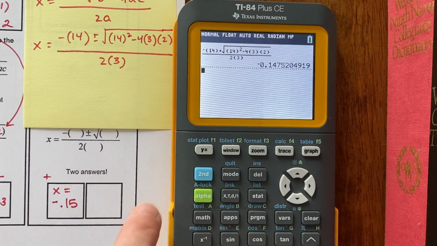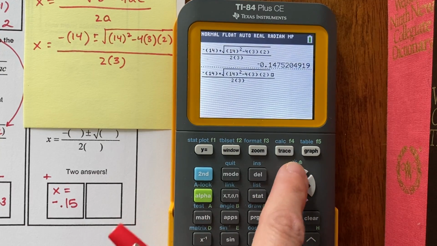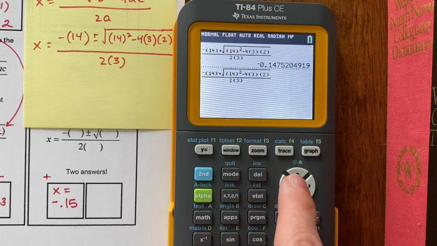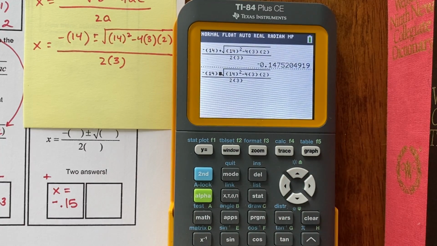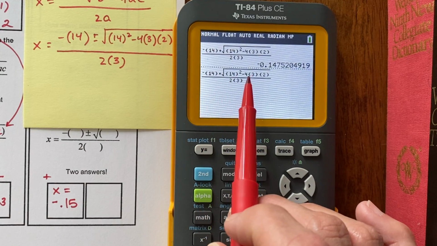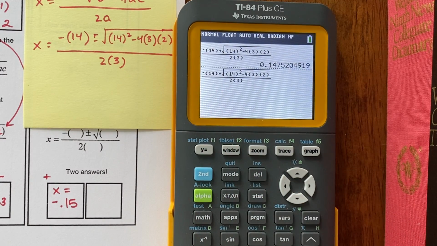And then, to make my life easier, I'm going to hit second enter. Arrow to the left first to get into the equation, go up. Now arrow all the way over back out here. Remember, the only thing you change is this right before the square root sign. Don't change that negative. That's not a good idea. Change this plus to minus. Hit enter.